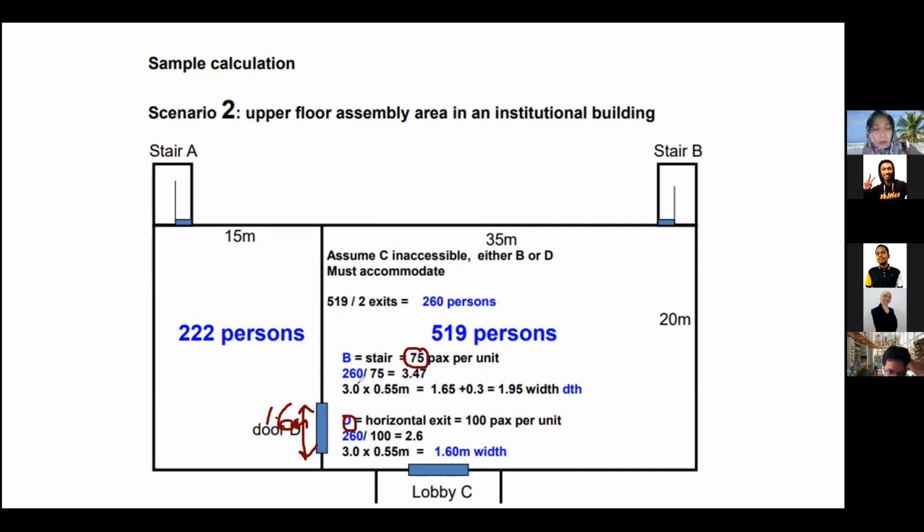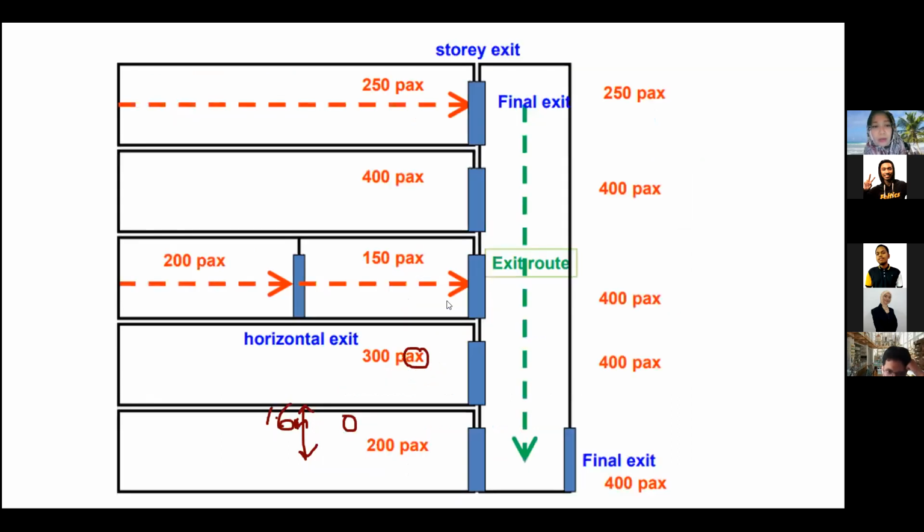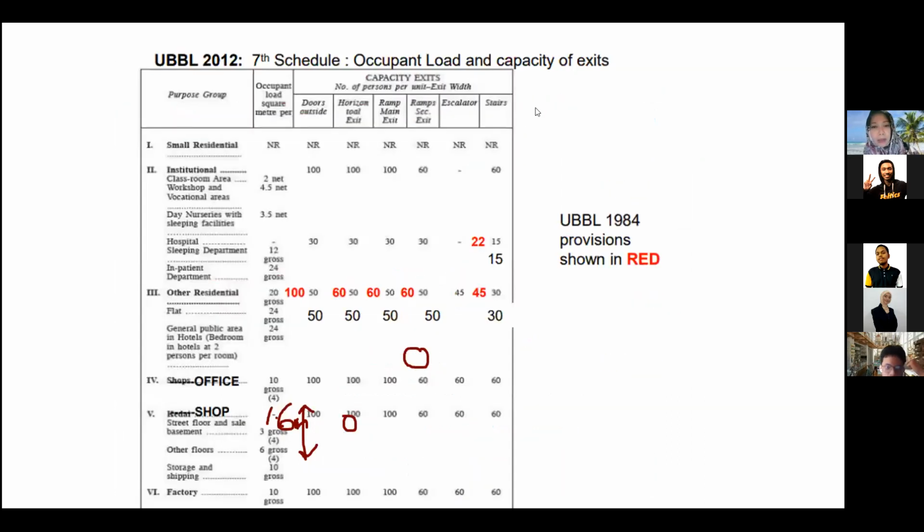Okay, so sometimes we need to refer to schedule. Why 75, why 100? This is according to situation. Okay, the red one is the new provision. I'm not so sure you are actually having the UBBL by the latest edition or not, 2012.